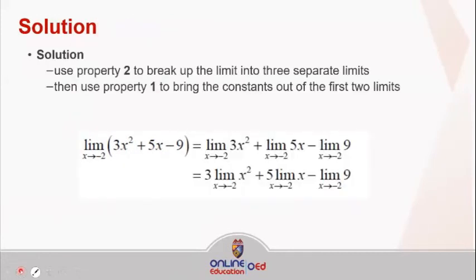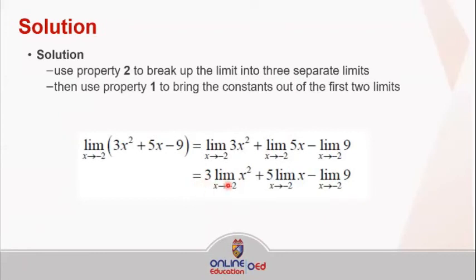Dito, pwede naman natin i-apply yung mga rules natin kanina. Hatiin lang natin, we have the limit of 3x raised to 2 plus yung limit ng 5x minus the limit of 9. And then, application ng mga rules, pati ng constant value.